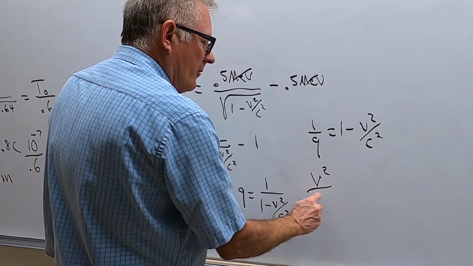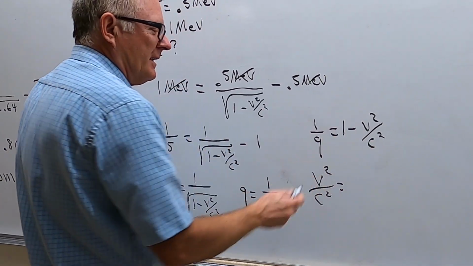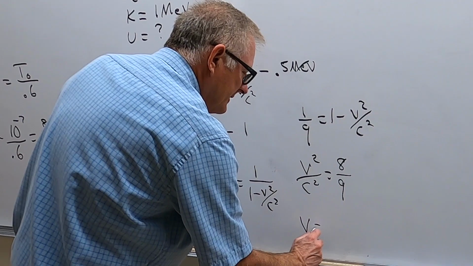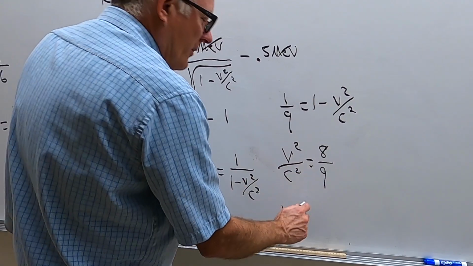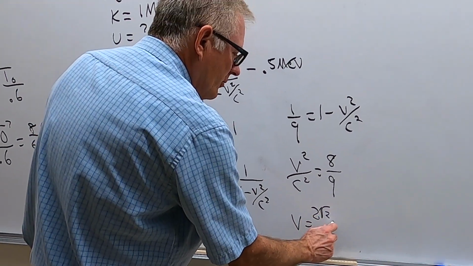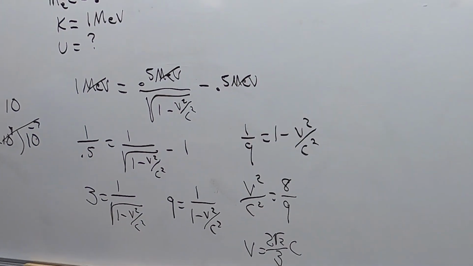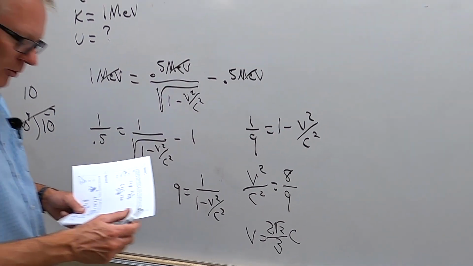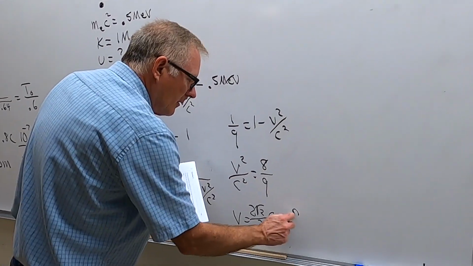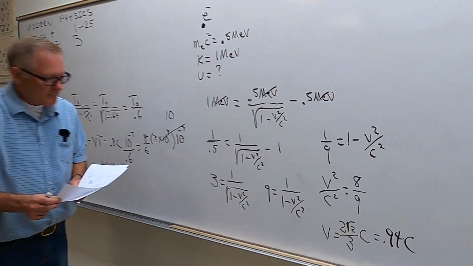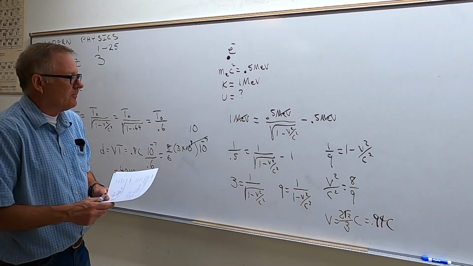V squared over c squared equals 1 minus 1/9, which is 8/9. Or v is equal to 2 square root of 2 all over 3 c. And in decimal form, that's 0.94 c. Okay, so that was question number 2.